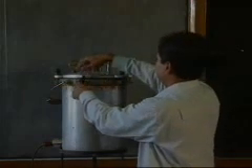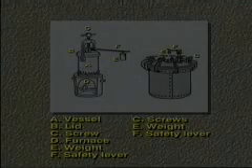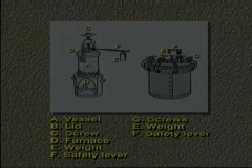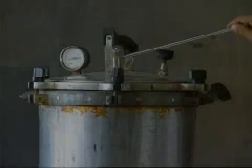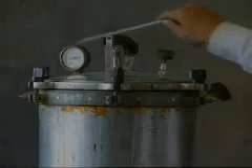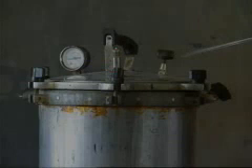Autoclaves are of different types: vertical, horizontal, and simple pressure cooker type. The autoclave consists of a metal tank heated by electricity or gas and having a lid. The lid bears a tap for discharge of air and steam, a pressure gauge, and a pressure stat which keeps the temperature and pressure at the desired level.